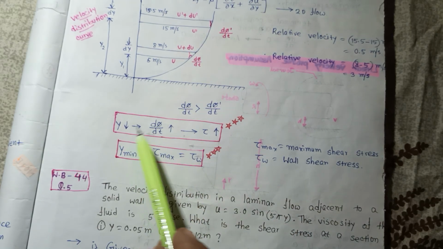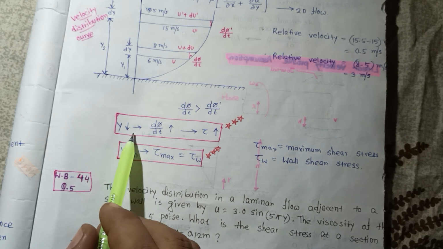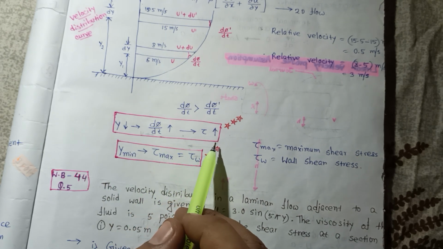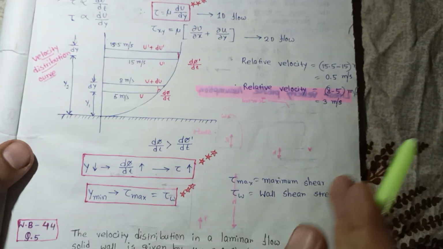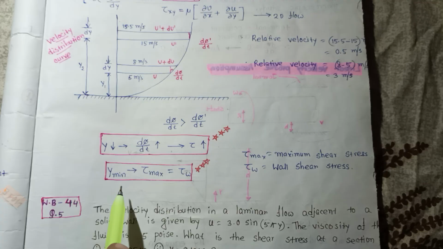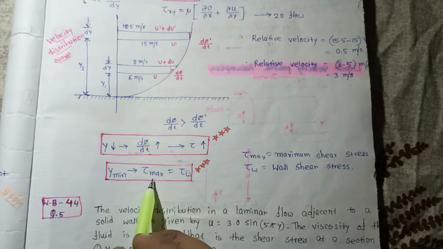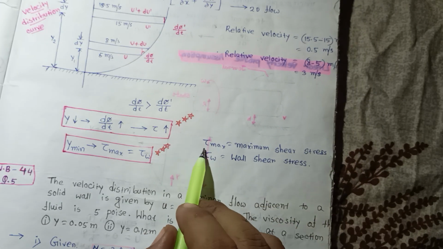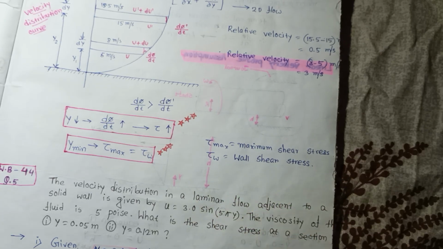So at y decreases, d phi by dt increases, and d phi by dt increasing means tau increases. Why? Because we know that tau is proportional to d phi by dt. So at y minimum, that is y tends to 0 or equal to 0, the wall shear stress is the maximum shear stress. So tau maximum is the wall shear stress, tau w.